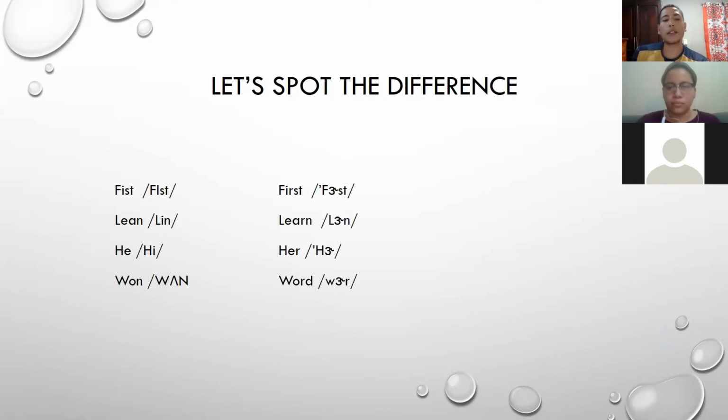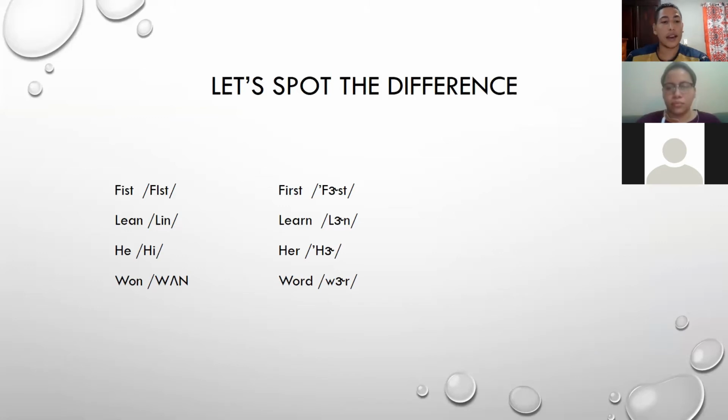So let's spot the difference. For example, here we have the words feast and first, lean and learn, he and her. This sound can make a huge difference between what we say and what is understood by the other person.